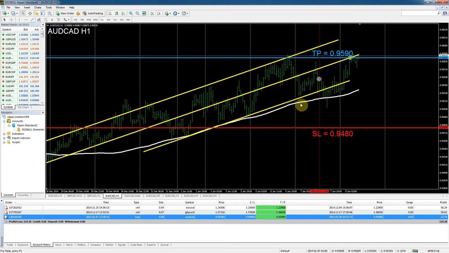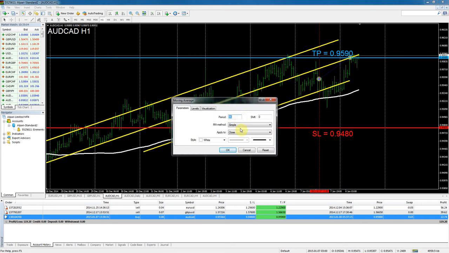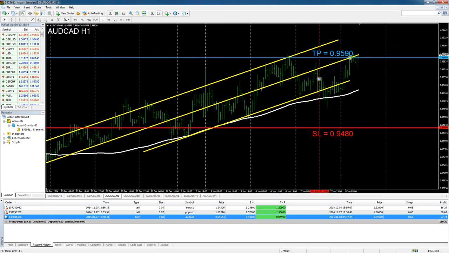This is a 96 simple moving average. There are 24 hours in a day, and if you multiply 24 by 4, you'll get 96. So this moving average represents the average on the hourly time frame over 4 days. And in this particular case, the moving average works really well.